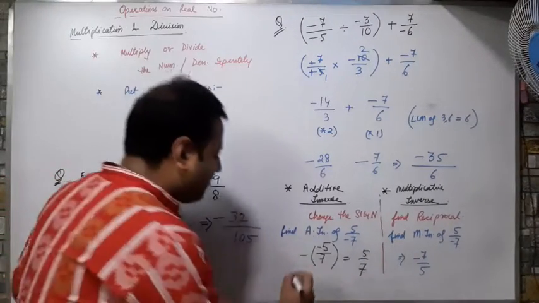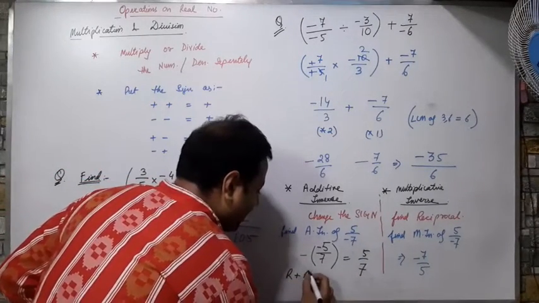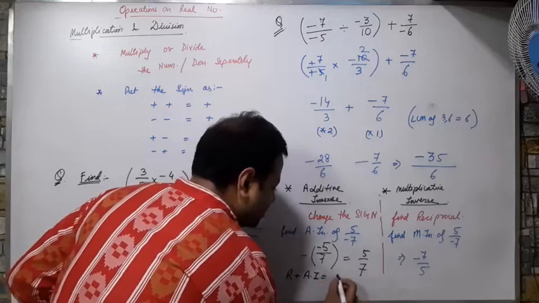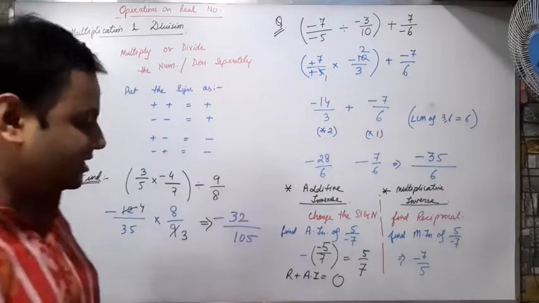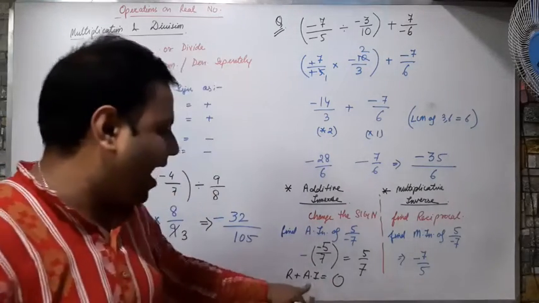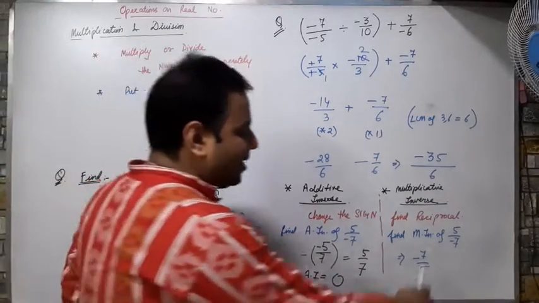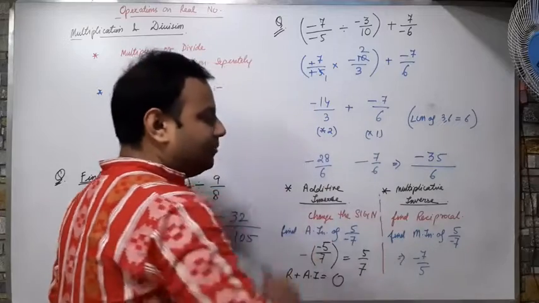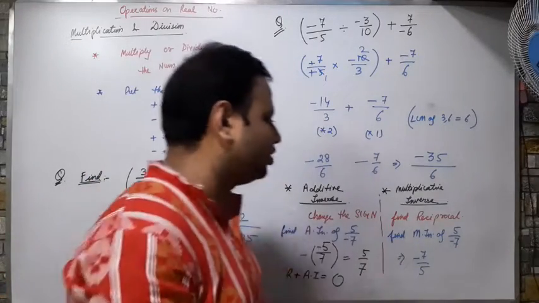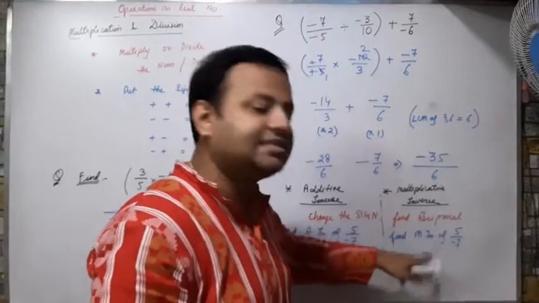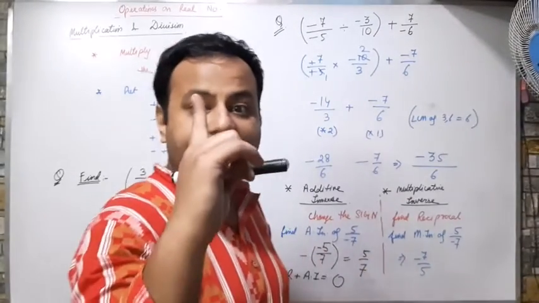So, the sum of a rational number and its additive inverse is always 0. And on the contrary, if I multiply both, because of the multiplicative inverse, what am I getting? 5 by 7 and 7 by 5. Both will cancel and the answer will be 1.